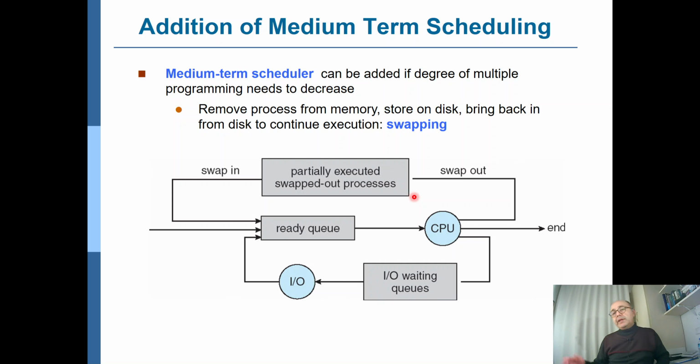This way, the medium-term scheduler will increase or decrease the degree of multiprogramming, whereas the short-term scheduler will decide which of the processes in the ready queue will go into the CPU. That's why it's called the short-term scheduler or the CPU scheduler.